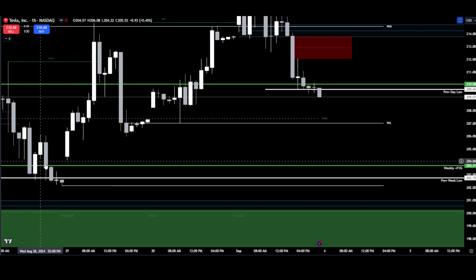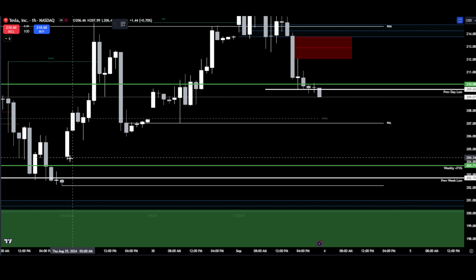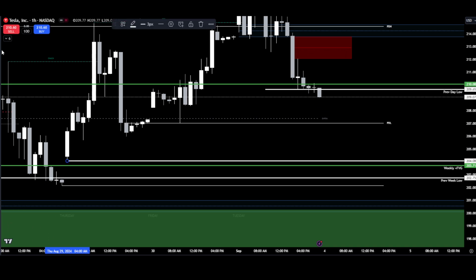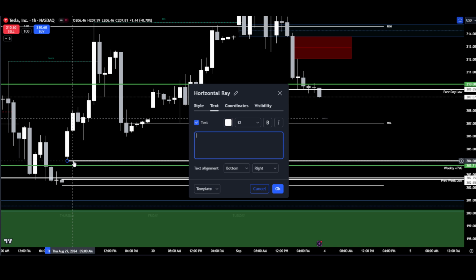Let's go ahead and mark that off. Yeah, that's between an after hours close and a pre-market open. So we'll mark that. Mark it off as gap high.